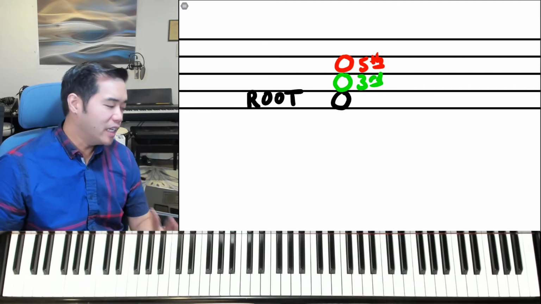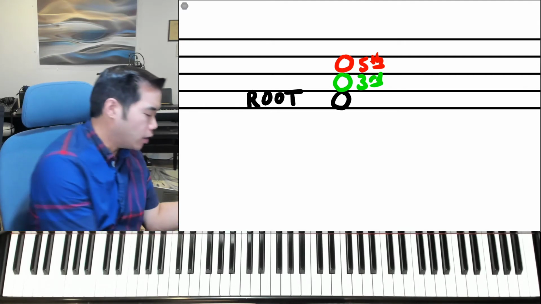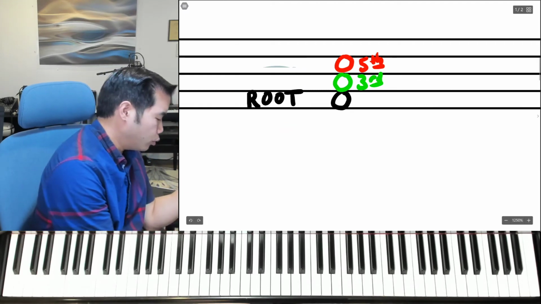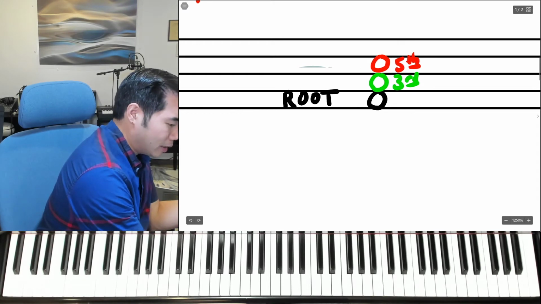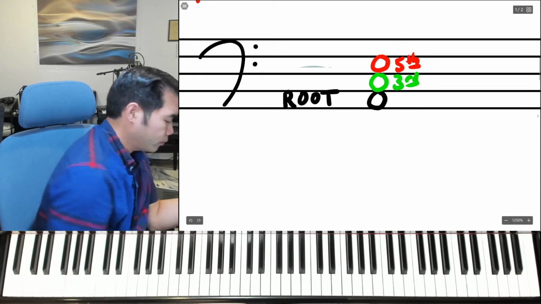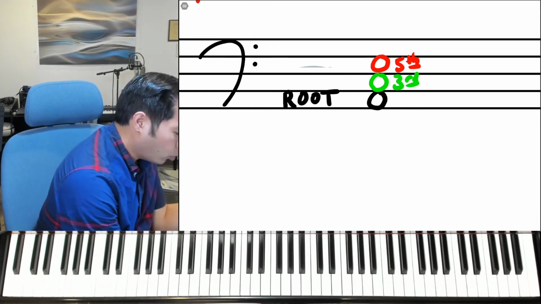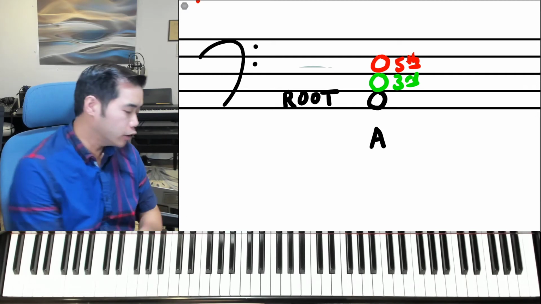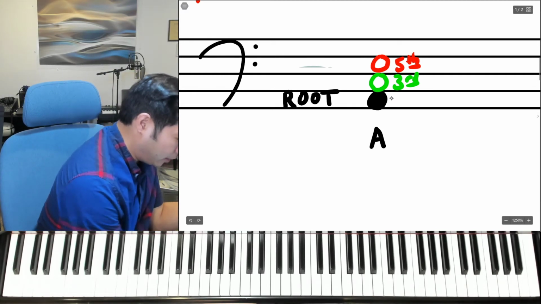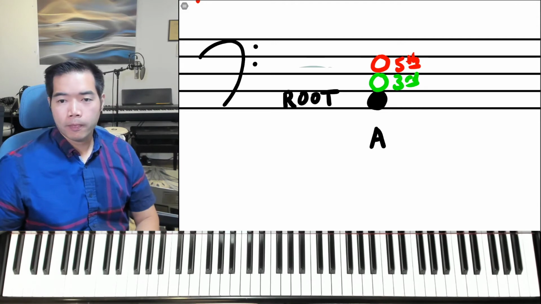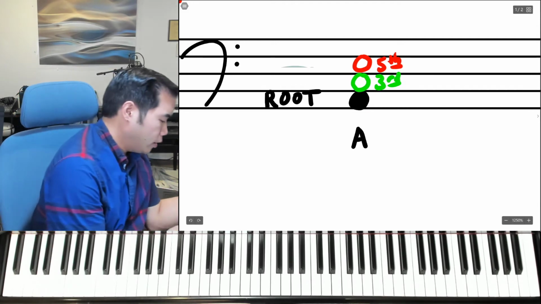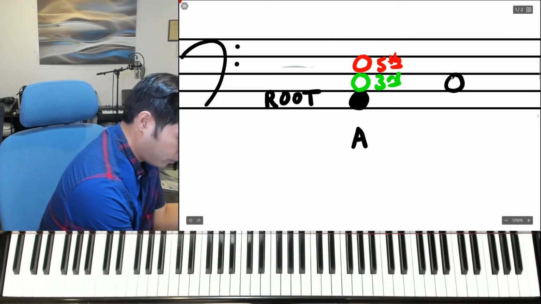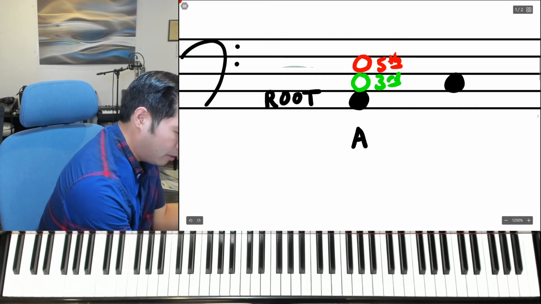Now, the name of the chord, the name of the triad, is always based on the root. So for example, let's say that this was bass clef. Let's say we were in bass clef here. That means that this chord would be an A chord, some type of A chord, because the root is the note A. If we were to make the root C, for example, so now this is the root C, and build the rest of the chord.